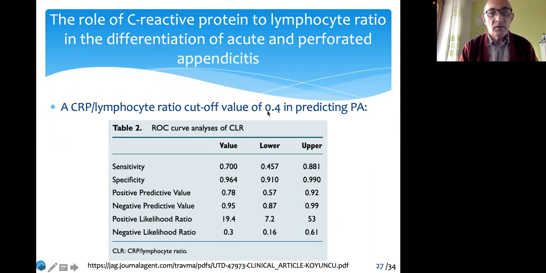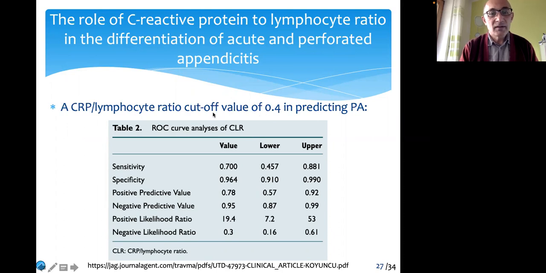So, another example from a journal: a CRP lymphocyte ratio cutoff was used to diagnose perforated appendicitis.